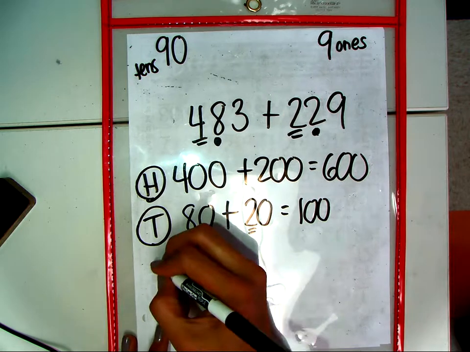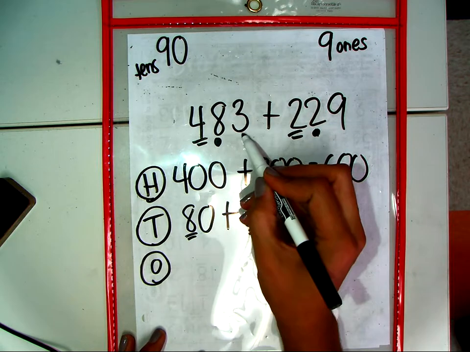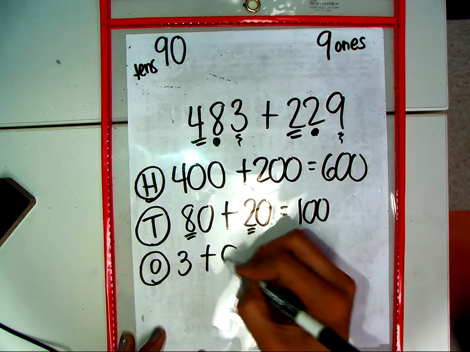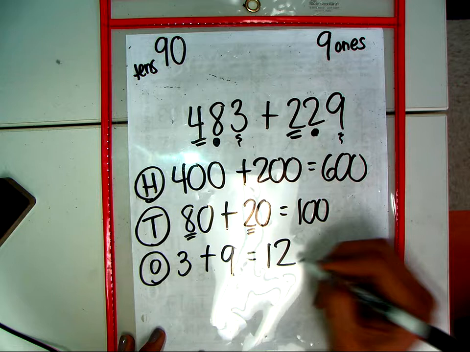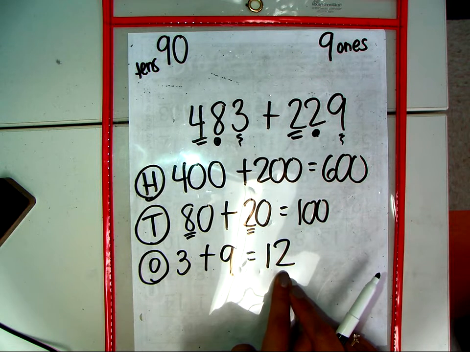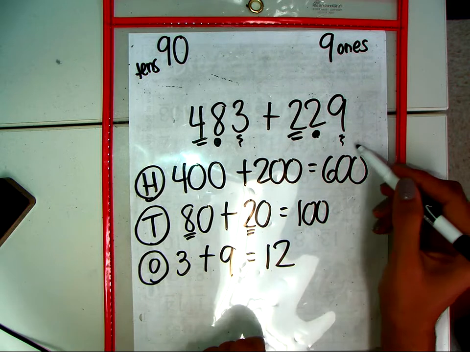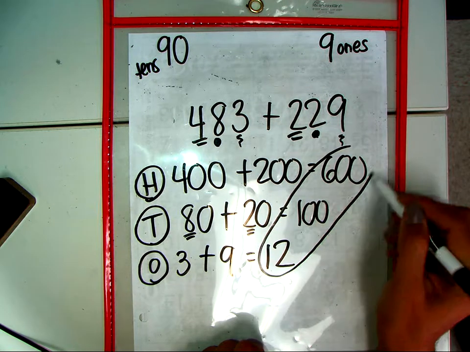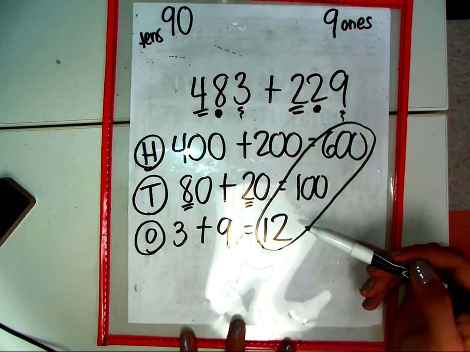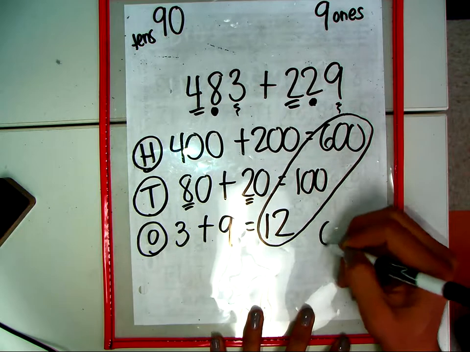When I go to the ones place, I have 3 plus 9, which again is the same weirdness. Even though we're adding the ones place, we have tens and ones. So this again is where we have all the partial sums. Some students can add this in their head, which is okay, but I still recommend writing it out and lining up those place values.